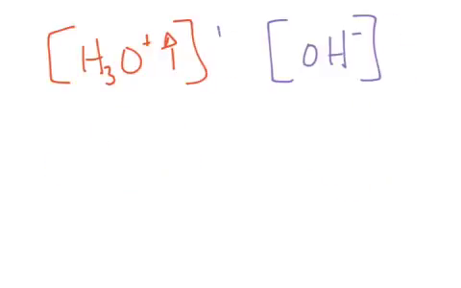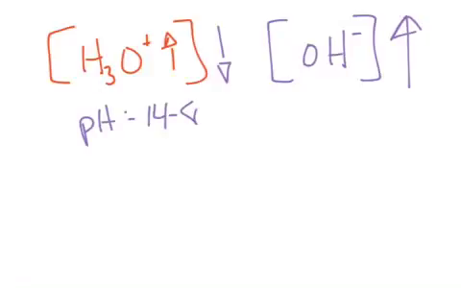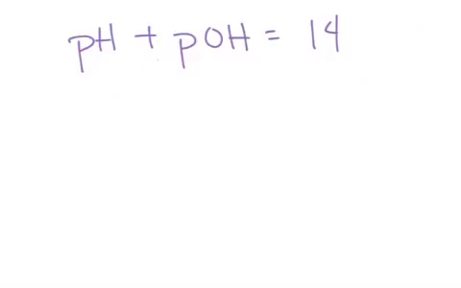If you go the other direction and decrease the amount of hydronium, you must be increasing the amount of hydroxide. So here you're going to end up with pHs between 14 and 8, which means that the opposite side of the scale must be increasing. And the opposite side of the scale is the pOH.